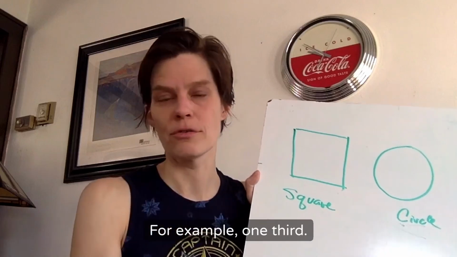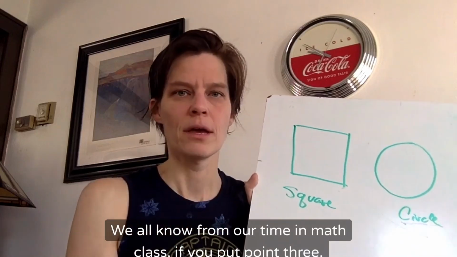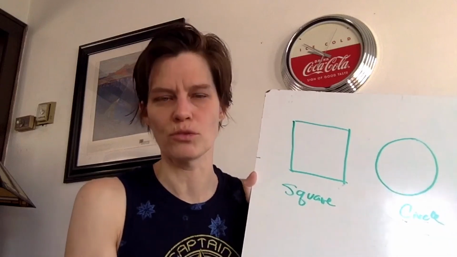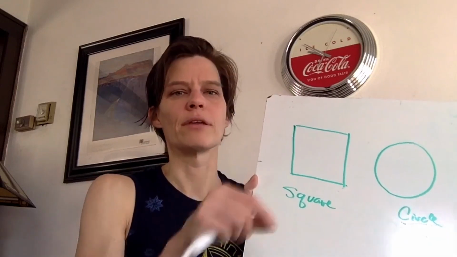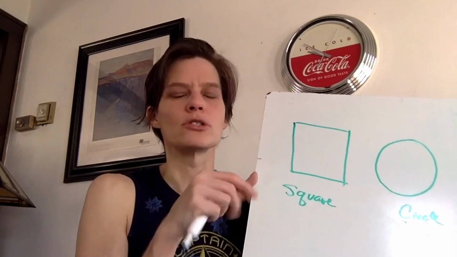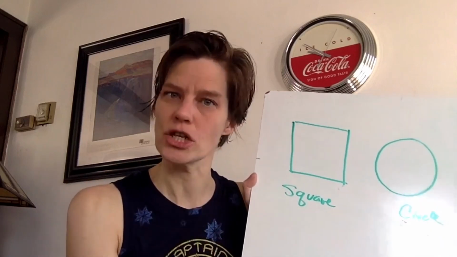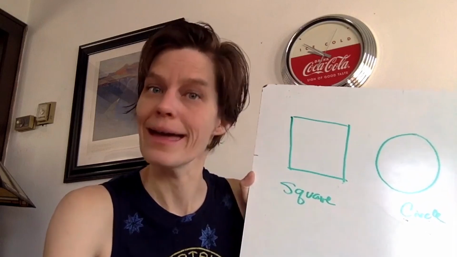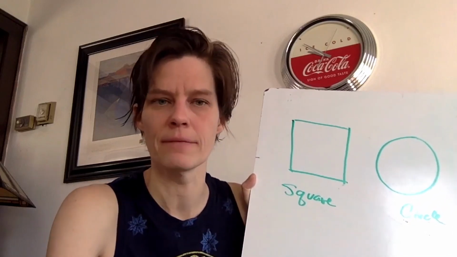For example, 1/3. If you put 0.3333 in a calculator, it's 1/3, right? Because 1 divided by 3, if you remember long division, just repeats. But it still can be written as a ratio. It's not irrational. Irrational numbers are decimals that never end, and they cannot be written as a fraction.